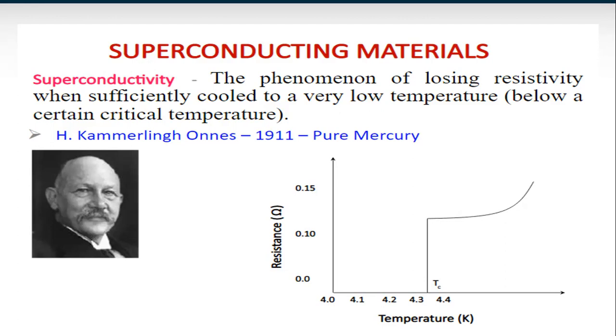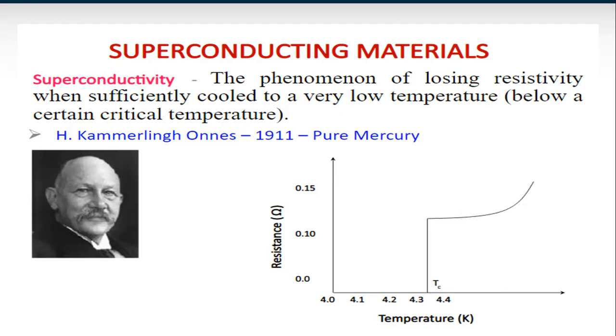In 1911, Kamerlingh Onnes discovered that at 4.5 Kelvin, as you can see in the schematic graph, the x-axis is temperature in Kelvin and the y-axis is resistance, with very small values like 0.10 ohms, 0.15 ohms.